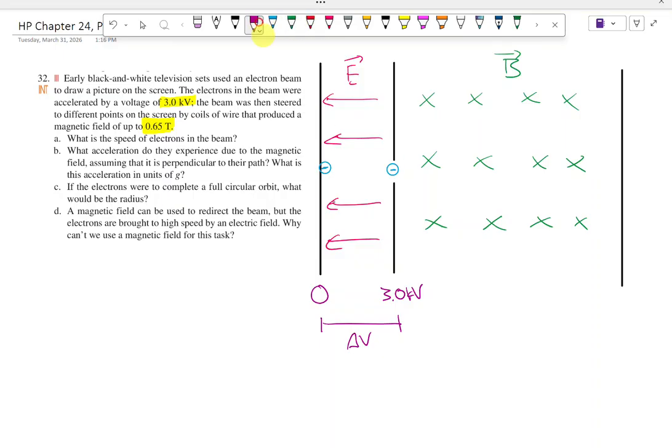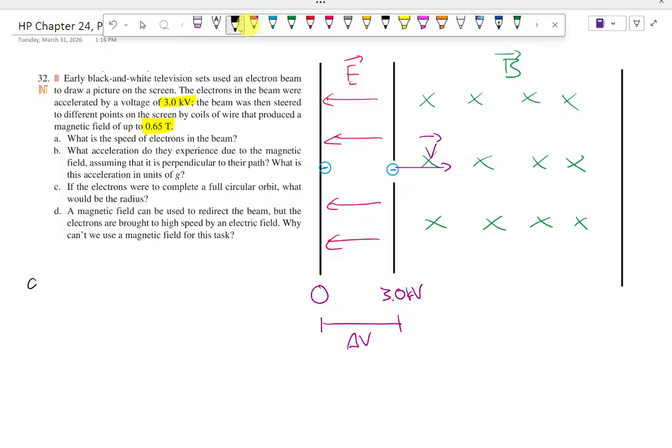It's going to speed up through this potential difference and then eventually reach some speed when it reaches the end of this plate. Then it'll go into this magnetic field, and that's where it will spin and turn around.